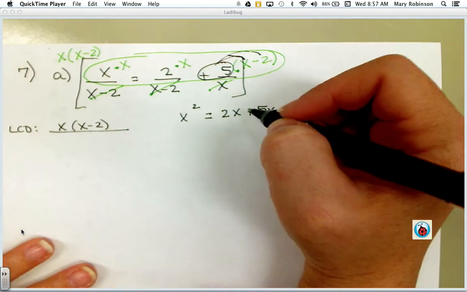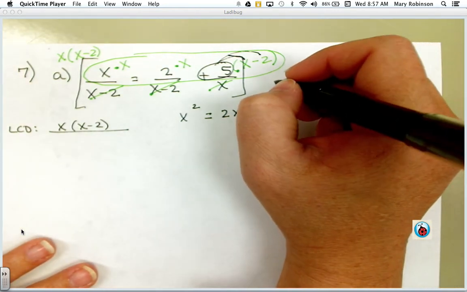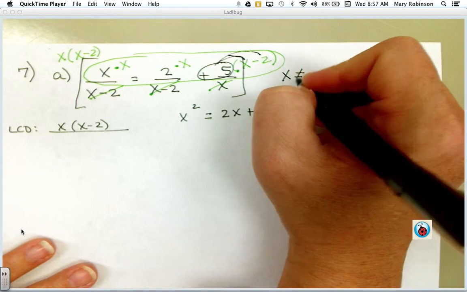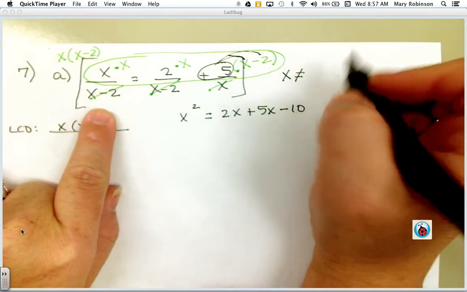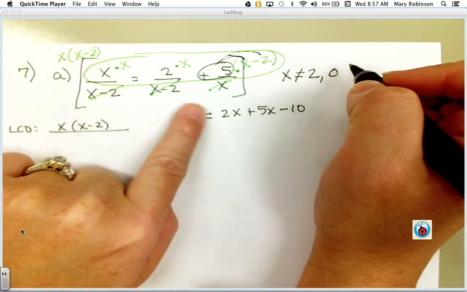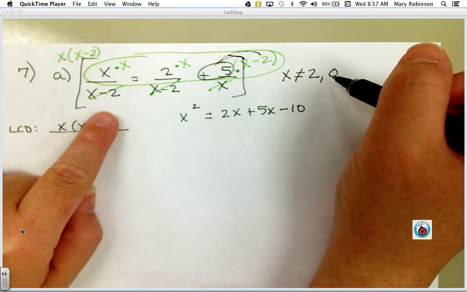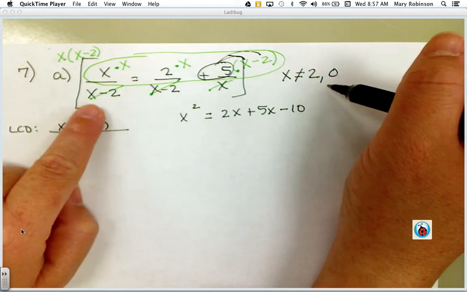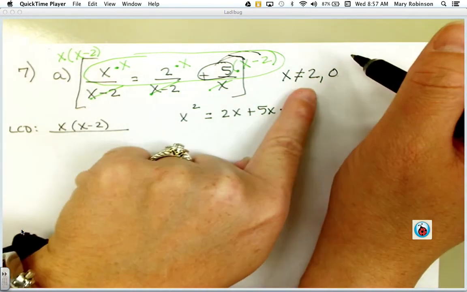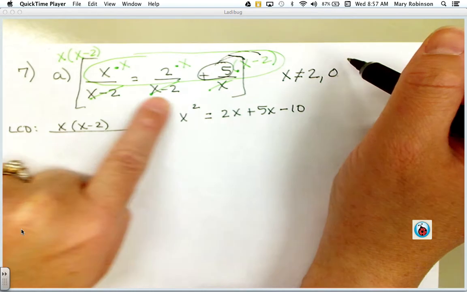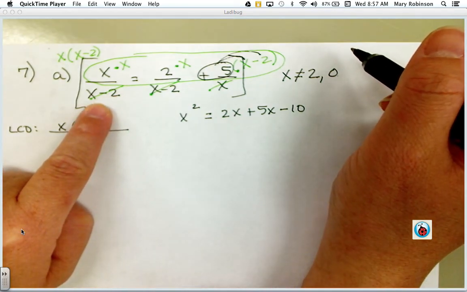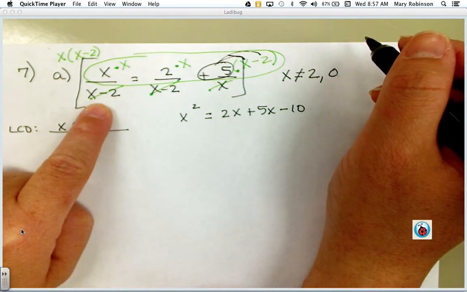What we need to keep in mind, however, is that x is not allowed to equal the values of 2 and 0. Remember, we have to state the excluded values for x so that if we get them as a solution, we can throw them out. Why? Because if we let x equal 2 and we substitute it in our denominator, 2 minus 2 would equal 0.